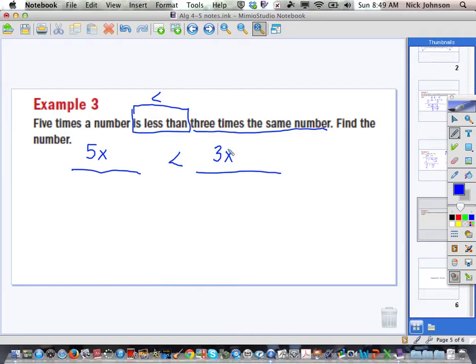So we have to get our x's together. And I'm just going to erase this line here. Okay? So the inverse of adding 3x is subtracting 3x.